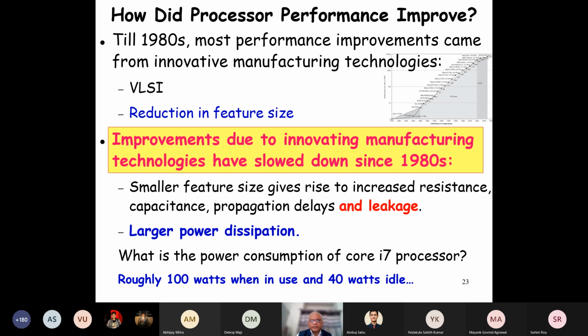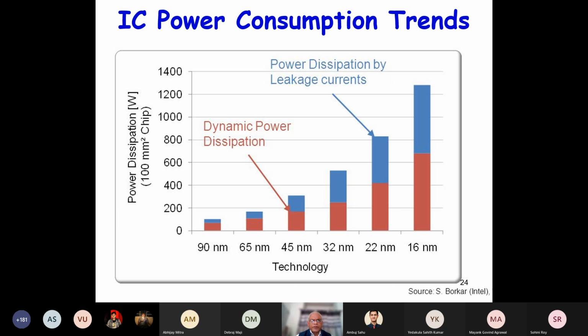An induction heater has less wattage. But then the processor is consuming 150 watt, and an induction cooker is also consuming like 250 watt or something. So you should be able to make tea on your processor. So roughly about 10 years back, it was much more, 100 watt in use and 40 watt idle. And now, of course, in recent years, it has reduced to some extent. We'll see the reason why. So the power dissipation is a big problem.